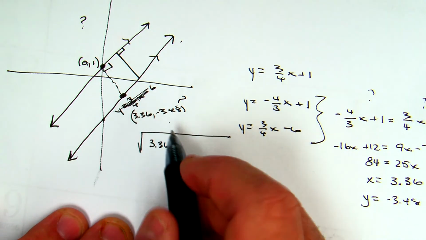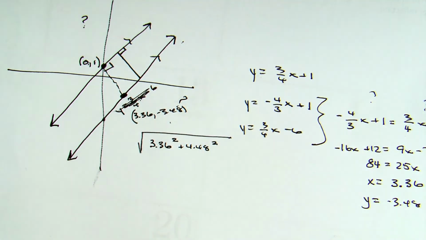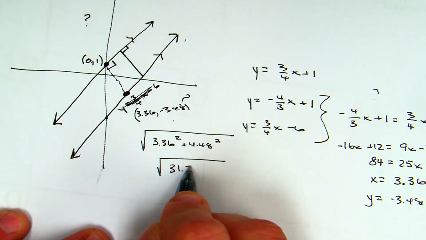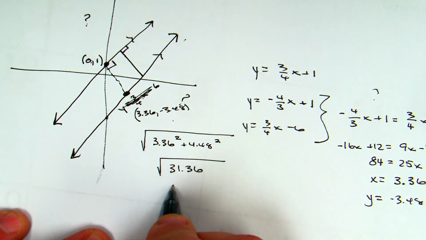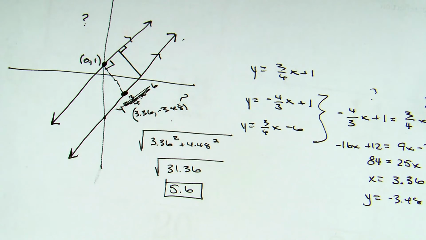From 1 to negative 3.48 is 4.48, so 4.48 squared. When I square those and add them, I get 31.36, and the square root of 31.36 is 5.6. So that's what you end up with for that one.